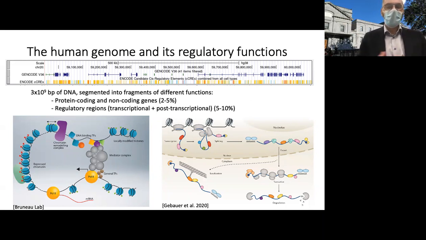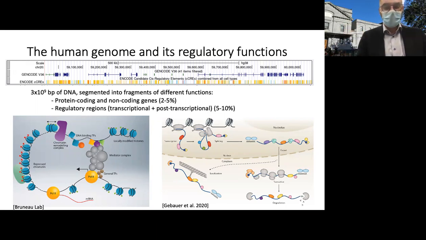A big challenge in genomics these days is understanding gene regulation and how that's encoded in the genome. So you have here an example of a portion of the genome at the top. You have the gene annotation, and by now the accuracy of the gene annotation is pretty good for the human genome. And you also have an attempt at mapping out regulatory regions in the genome. And those efforts are still very much ongoing.